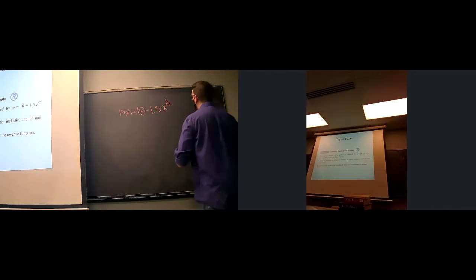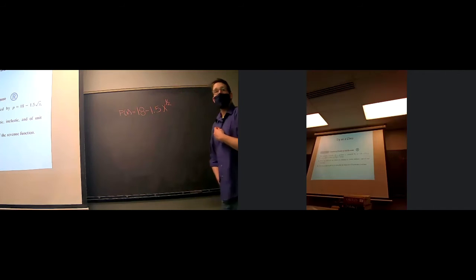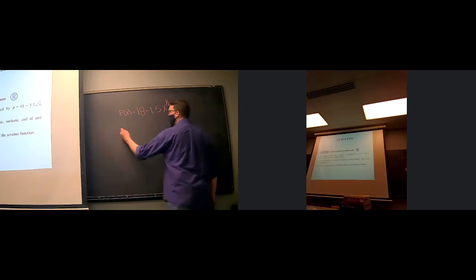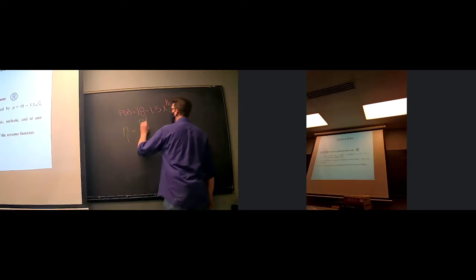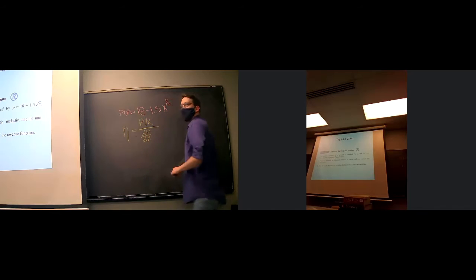Now, I personally would like to break this problem up into two different parts. Since what we're trying to solve for is eta equal to P over x divided by dP dx, I'd break it up into two parts.